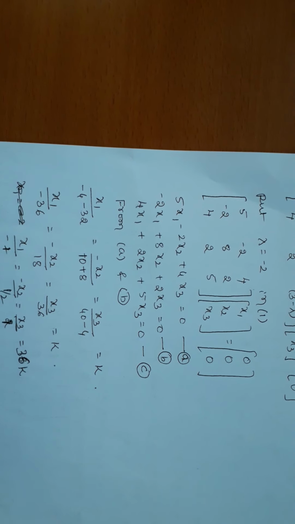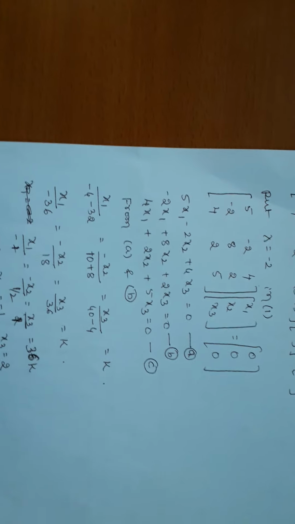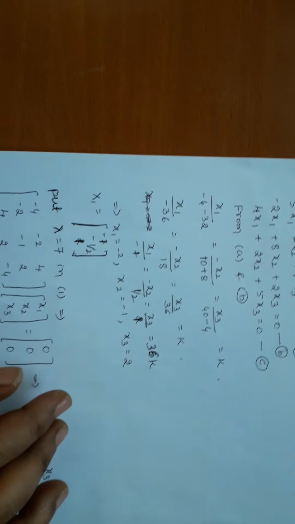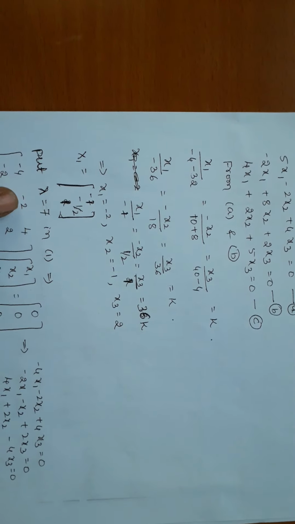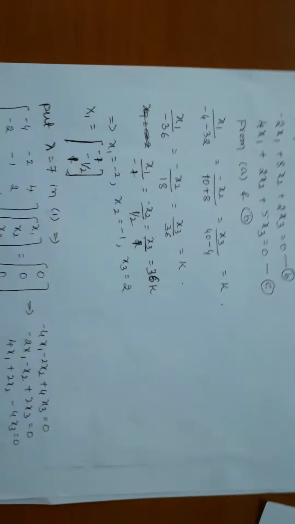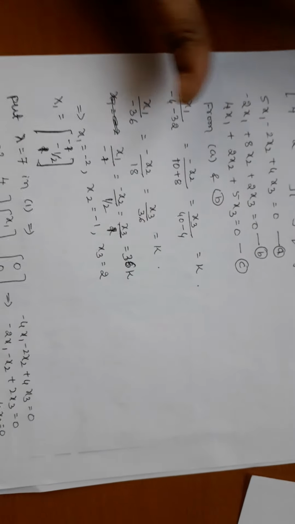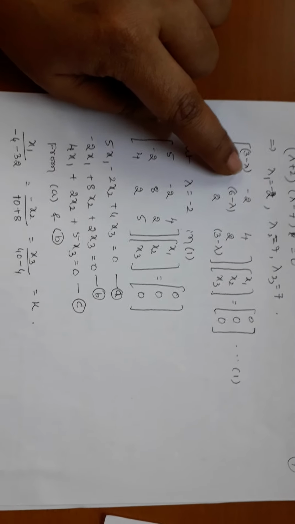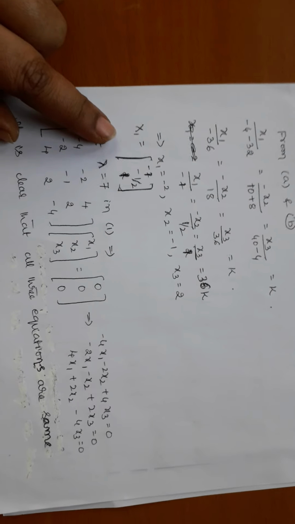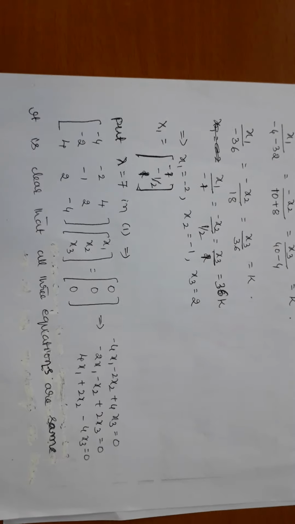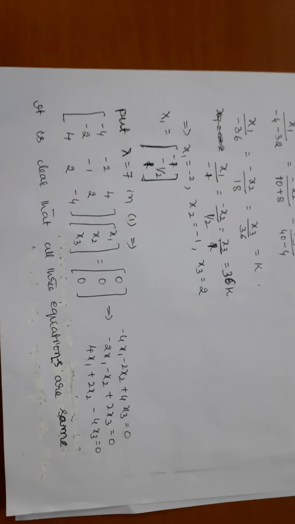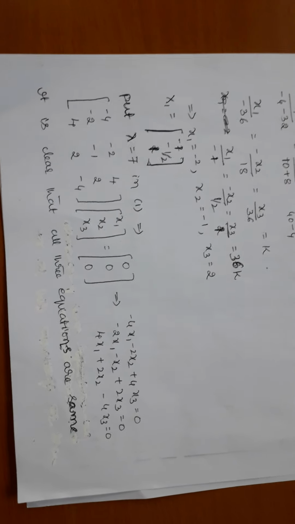Using that, you find the eigenvector corresponding to the eigenvalue. What is the eigenvalue here? Lambda 1 is equal to minus 2. Now we get this eigenvector. Next you substitute, but here lambda 2 and lambda 3 are the same, therefore I substitute lambda equal to 7 once.